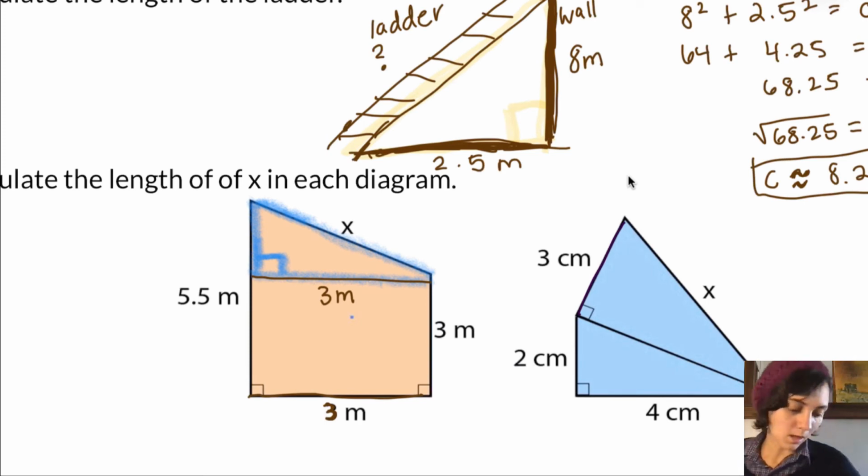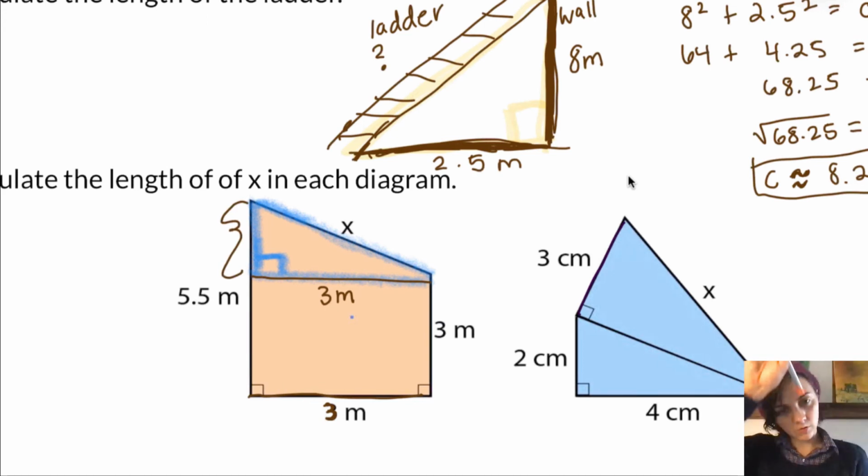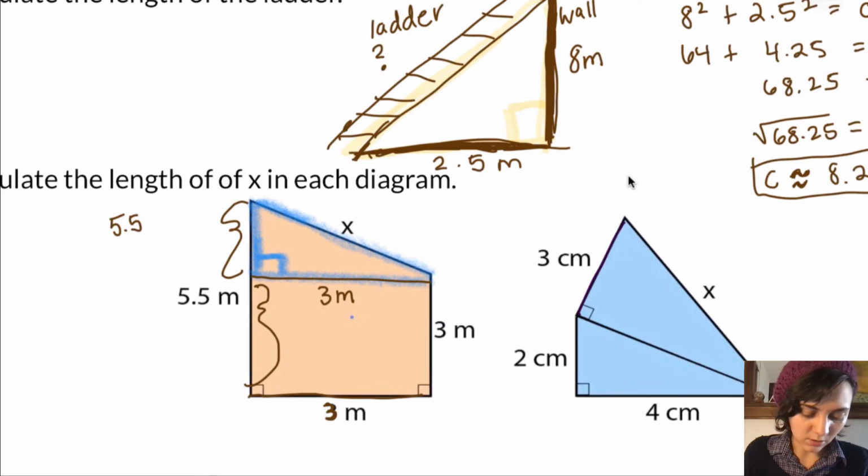And then I need to know what is just this little piece right there. I know the whole side is 5.5, but then we're subtracting this little piece right here, which is 3, because it's the same as what's across. So the whole thing is 5.5, but we don't want to include the 3 down there. So this side is 2.5.